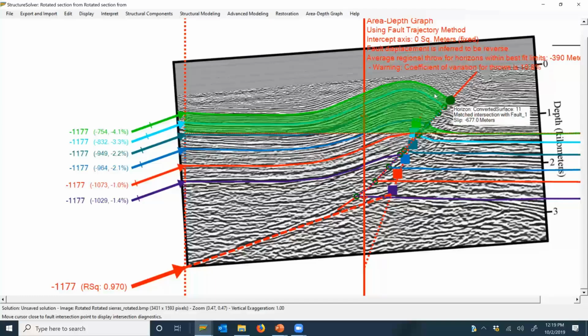And so what we see in the hanging wall is that there's quite a bit more folding here. And so the qualitative structural style fits with this idea that the green horizon experienced quite a bit more folding than the underlying purple horizon.